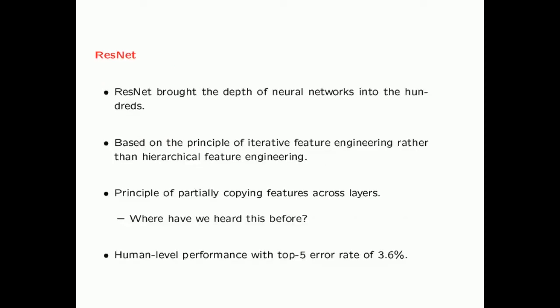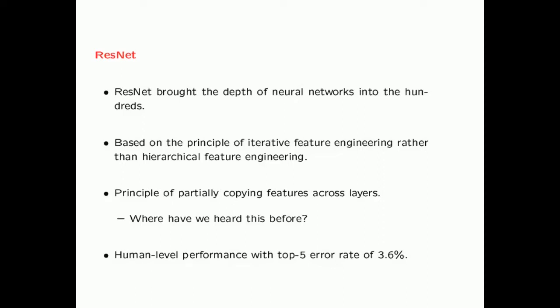So ResNet made a number of changes to the convolutional neural network which brought the depth of neural network into the hundreds. And it was based on the principle of iterative feature engineering rather than hierarchical feature engineering. And the principle was to partially copy the features across layers. And we have actually heard this before in several architectures that we discussed before in the case of recurrent neural networks.